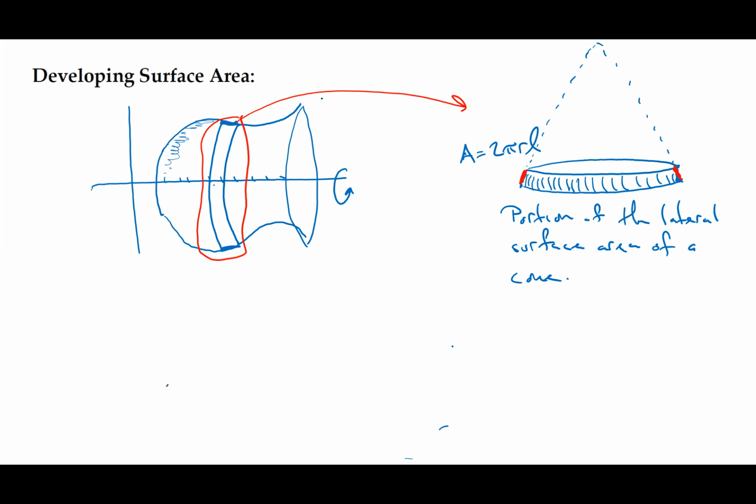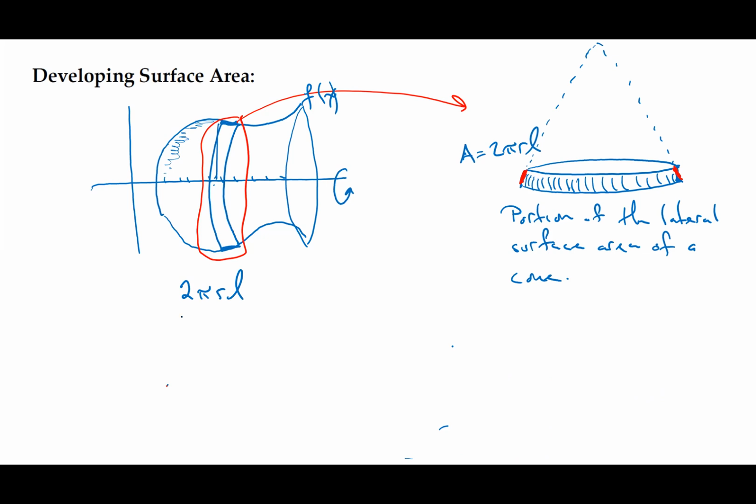This is f of x, and the radius is the function. And so if I have 2 pi R L, that R just comes from the function.